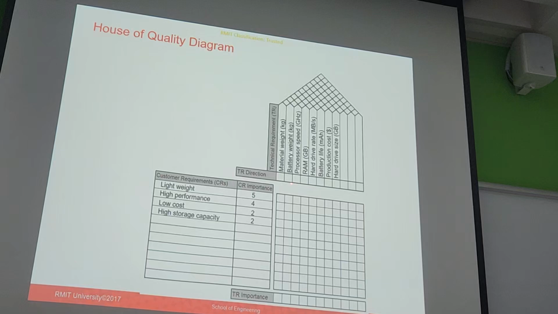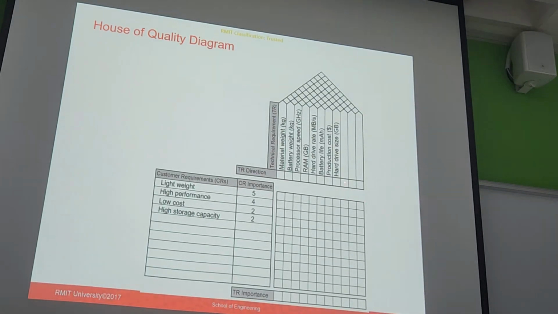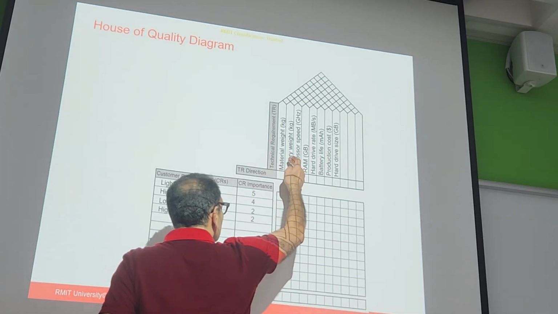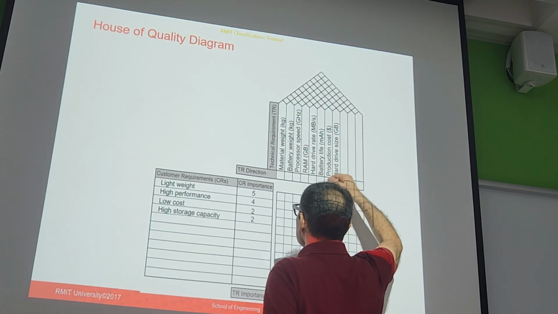Customer doesn't know about the processor, microprocessor, the CPU, sorry. Customer doesn't know about the RAM, the hard drive, the battery life, the cost, or the hard drive size. So this is technical. You put it yourself, 1, 2, 3, 4, 5, 6, 7, 8.